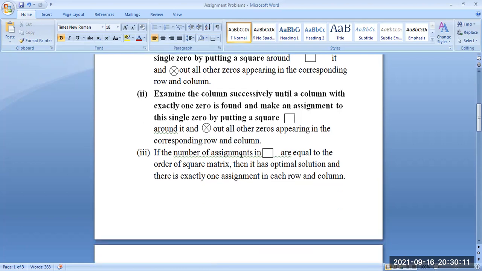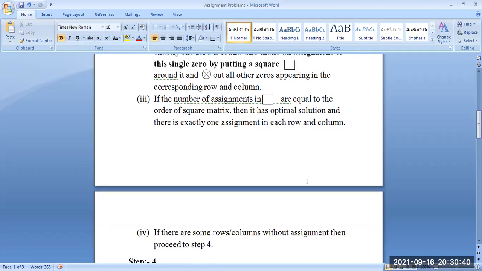If the number of assignments in squares, जो स्क्वायर आप चेक करेंगे कि कितनी असाइनमेंट की, the number of assignments in square boxes are equal to the order of the square matrix. Order of the square matrix means number of rows and number of columns are equal. So अगर number of rows और columns के equal assignment आ जाती है, then it has an optimal solution, and there is exactly one assignment in each row and column.